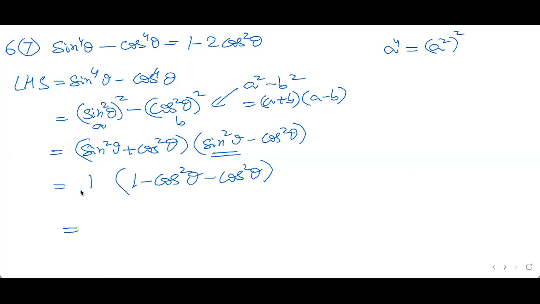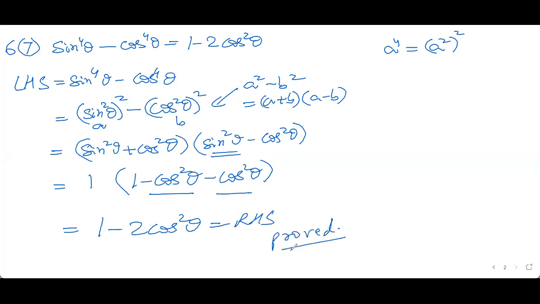We are multiplying 1 with something, so we will ignore that 1. So we are now left with 1 minus cos square theta minus cos square theta, which is 1 minus 2 cos square theta, which is nothing but our RHS. So hence we have proved whatever was required to be proved.